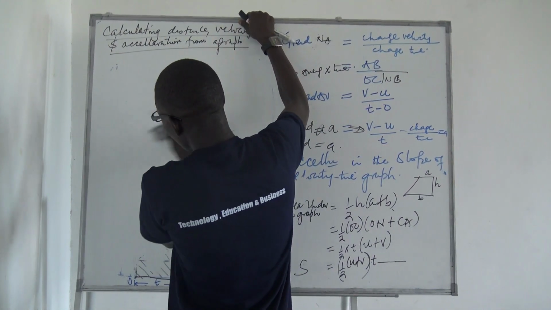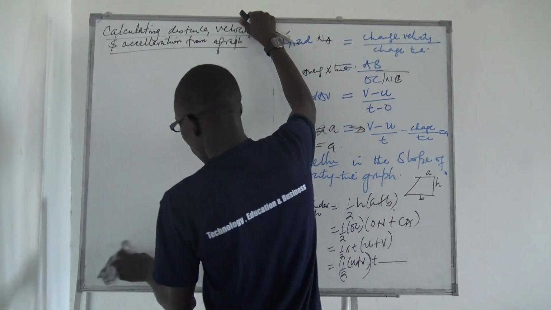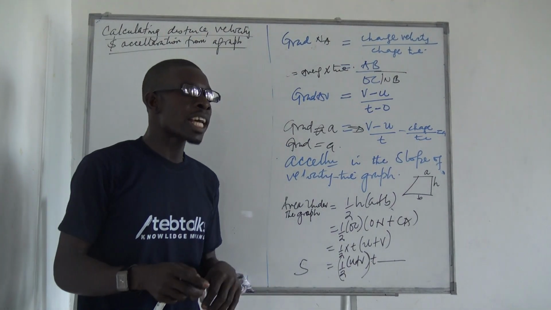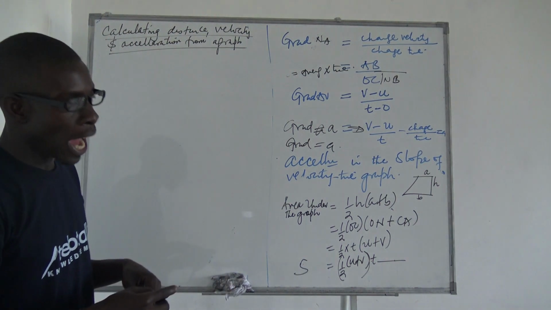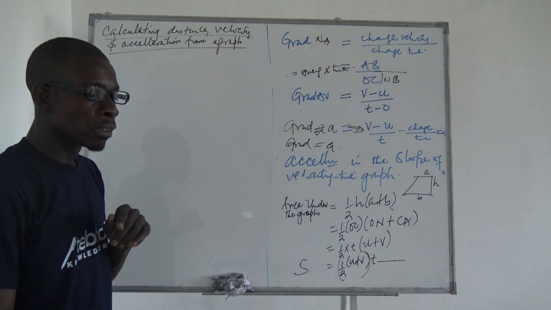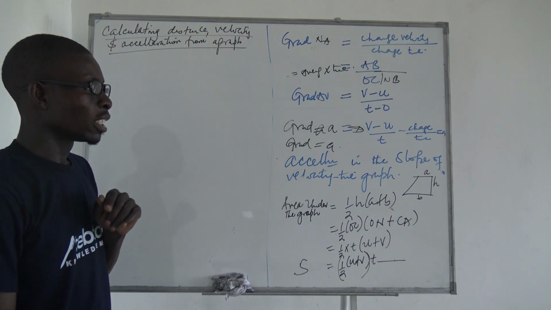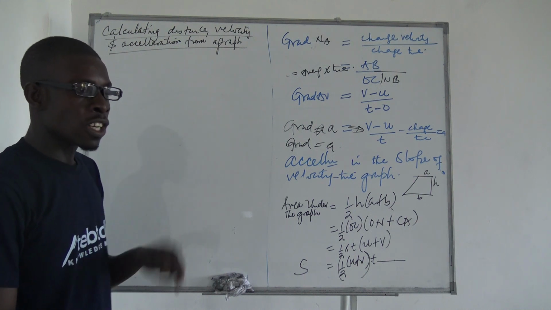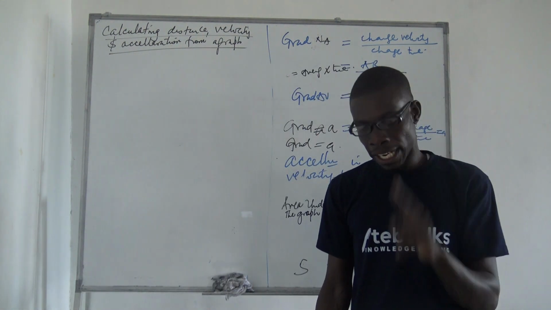If you sketch a velocity time graph, what is always very true is that the slope of that velocity time graph always gives you acceleration.